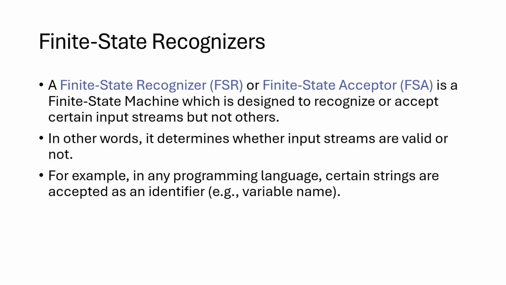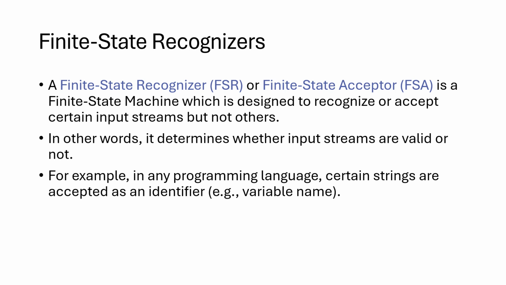So a very simple example would be in any programming language, if you want to use a name for your variables or functions and so on, there are certain rules that you need to follow. You cannot choose any combination of ASCII symbols as a name for your variables.